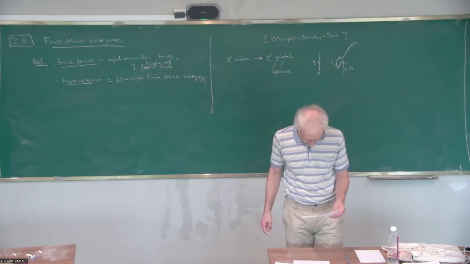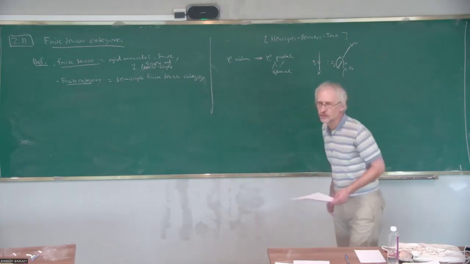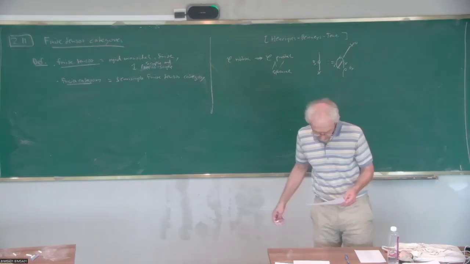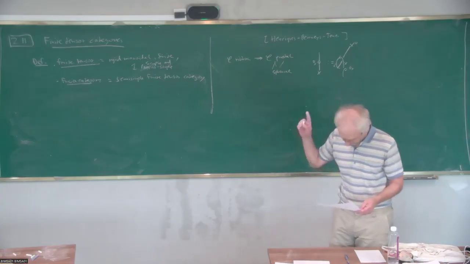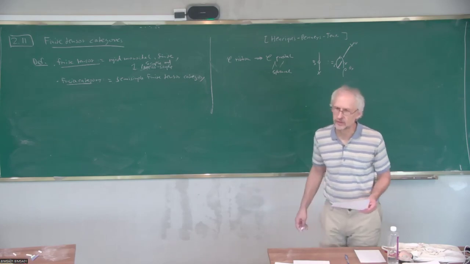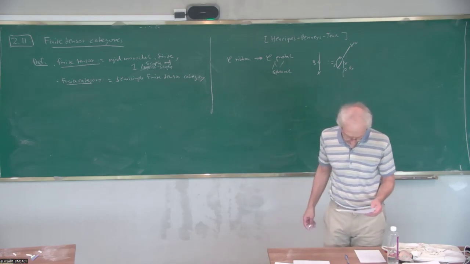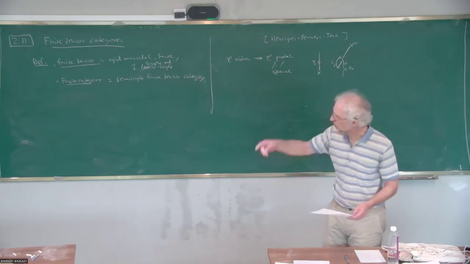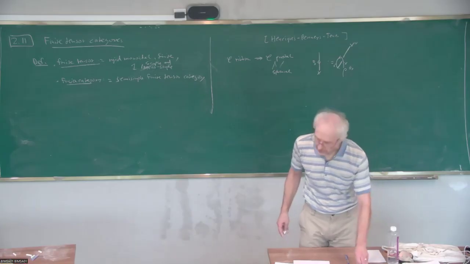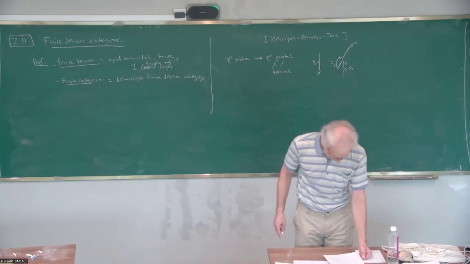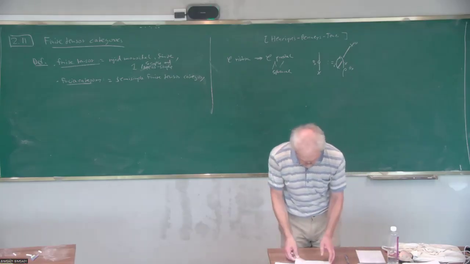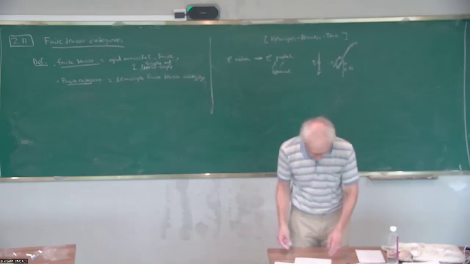So examples: if H is a finite dimensional algebra over a field, then the category of H modules is a finite tensor category. And if H is also semi-simple, then it's a fusion category. And if H is triangular, then it's a finite braided tensor category.